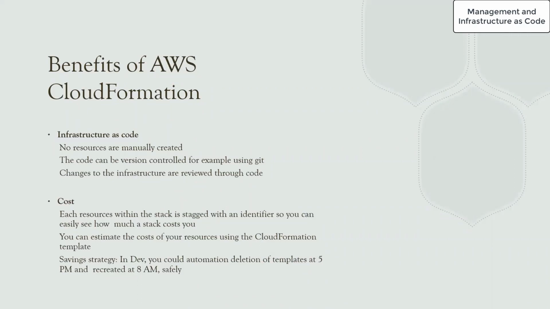What it means is, since the developers are not working 24/7, you can delete those resources when the developers are not available. And once they are available, you can ensure that this CloudFormation stack is going to create those resources back up by the morning. As a result, you are saving the cost of these resources. So this is another way AWS CloudFormation is going to benefit us.